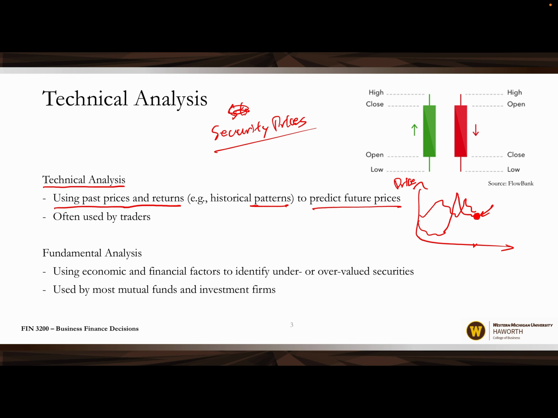It doesn't matter, because this point represents the true value based on all updated information. Okay, it doesn't matter whether US attacked Iran here or here. You know, maybe we lived in a different world, it moved like this. Doesn't matter. Okay, true value based on current information is what market efficiency suggests.